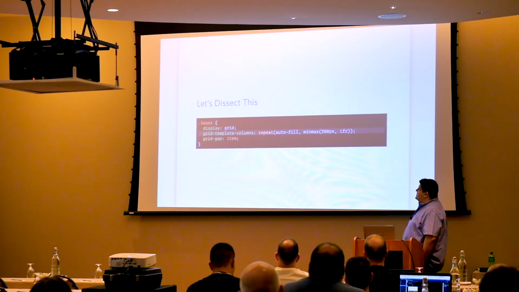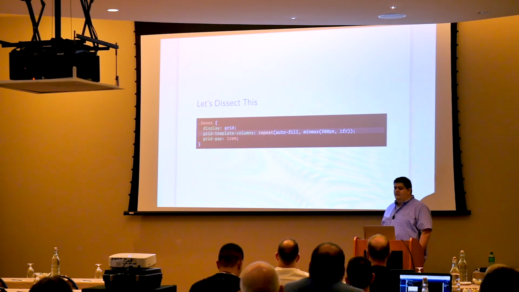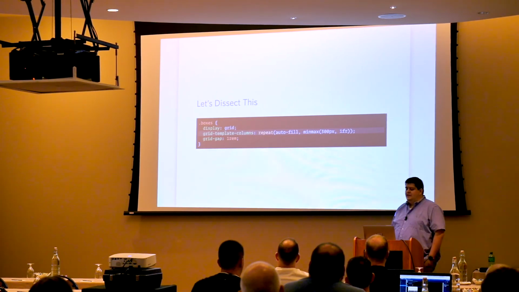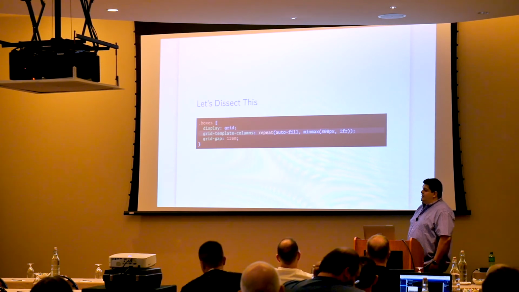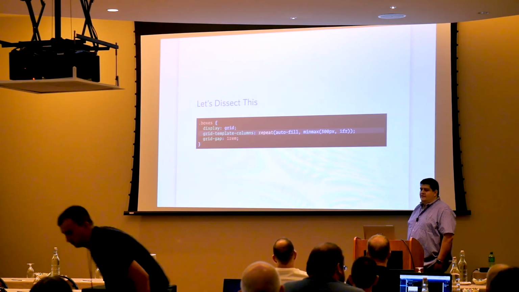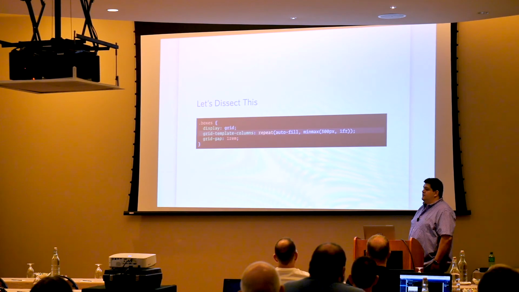So that's why we're using the autofill argument for how many, because we want the browser to make that decision. Autofill tells it to determine how many of what we're about to give it fit within that grid container. So the browser is doing all the math here. Yay.